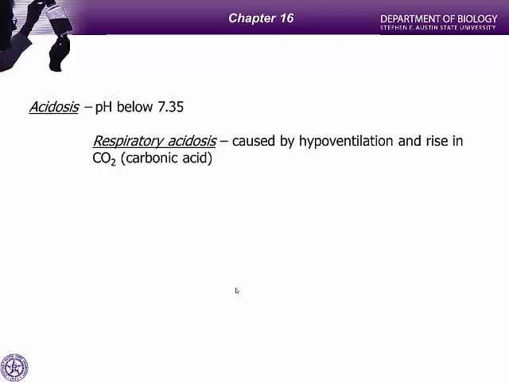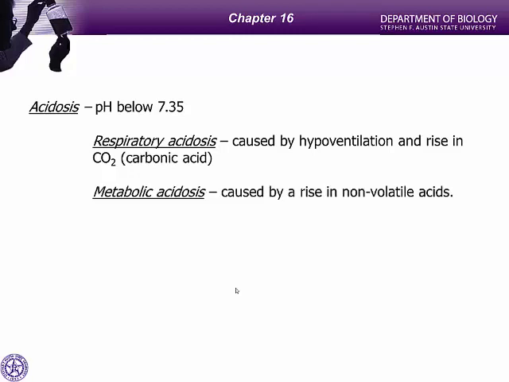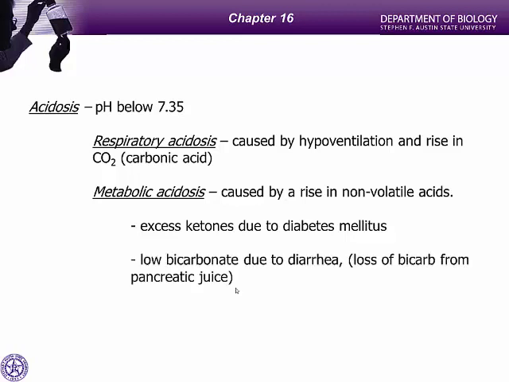But we can also have a situation where our blood pH is lower because of some metabolic problems. We have a rise in non-volatile acids. So if we have diabetes mellitus and we're not actively incorporating the glucose into the cells and we're breaking down protein, then we're going to have excess ketones. And that's going to lead to acidosis.